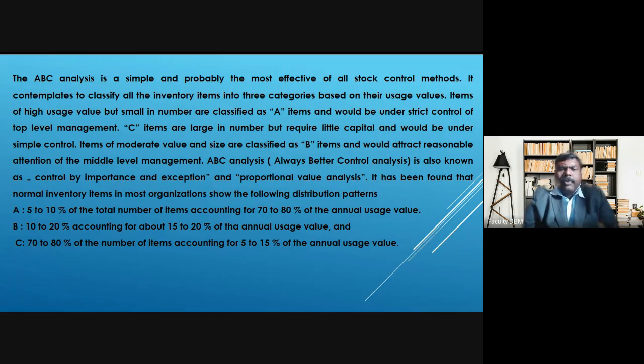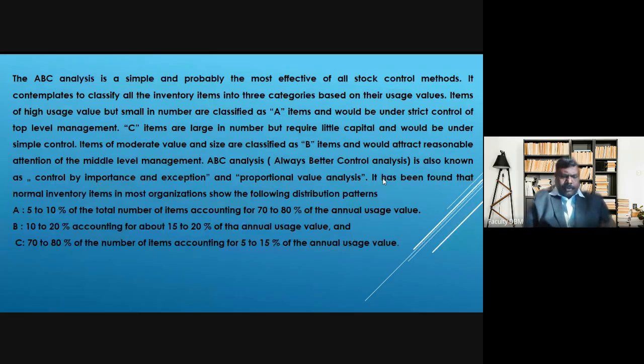Items of moderate value and size are classified as B items, and would attract reasonable attention of the middle level management. So this is ABC, always better control analysis, also known as proportional value analysis.